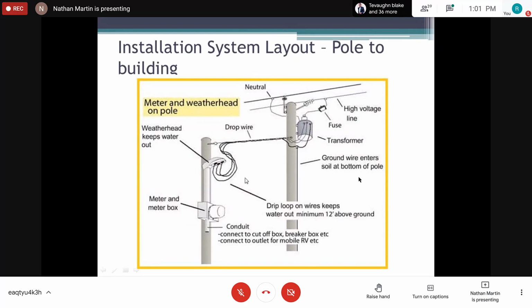Now, there are two types of installation for this. From your meter to your home, or your residence or your building or your facility, it can be an underground or it can be an overhead connection.